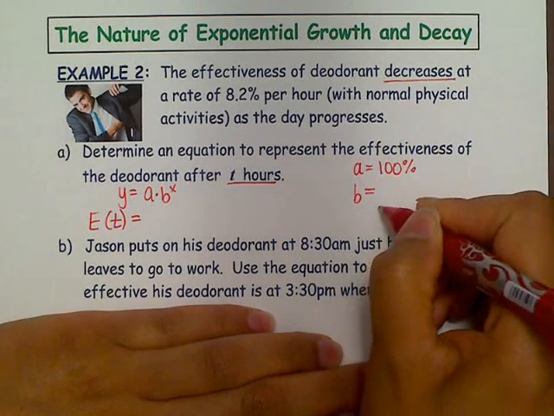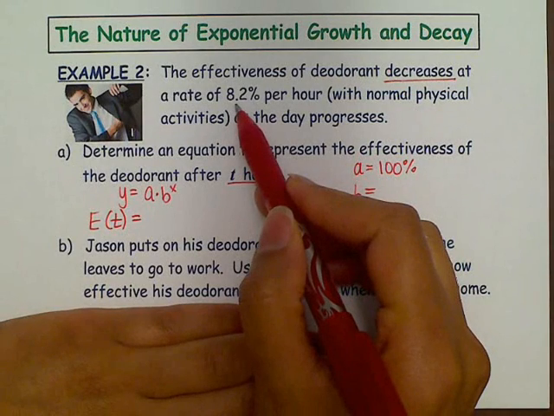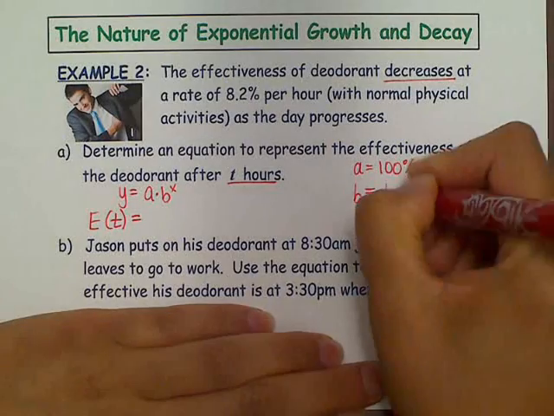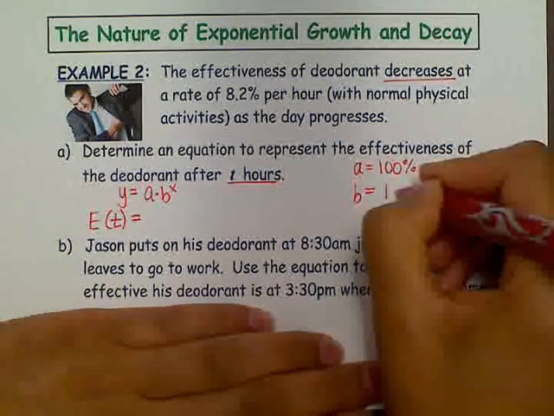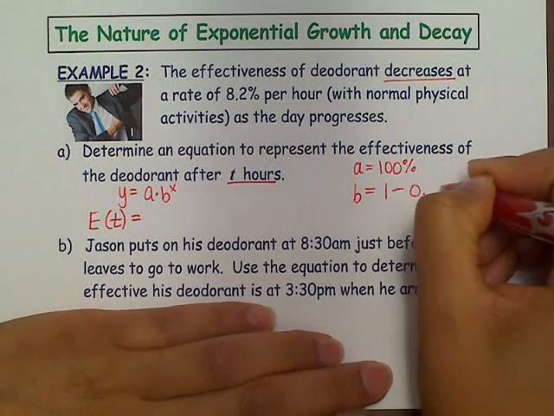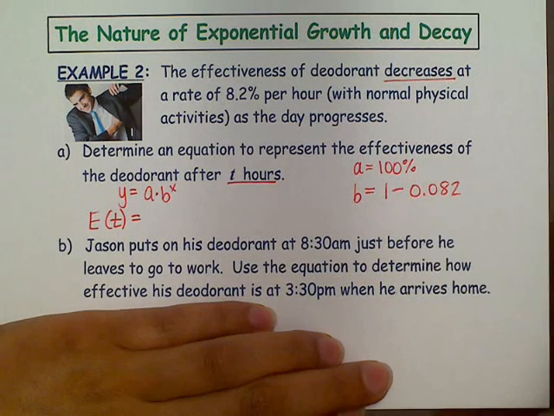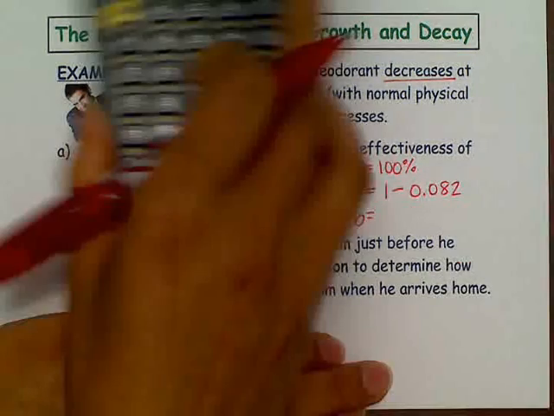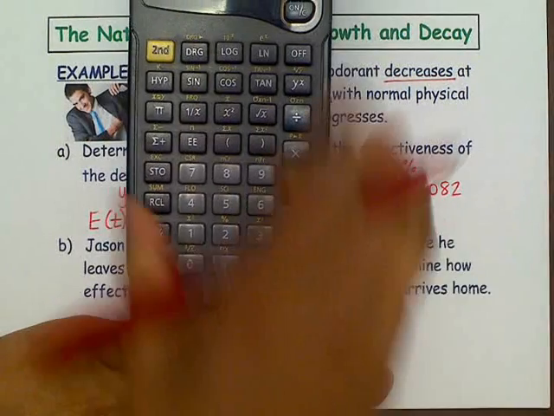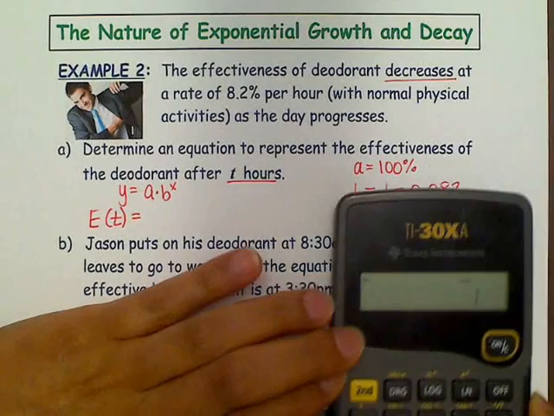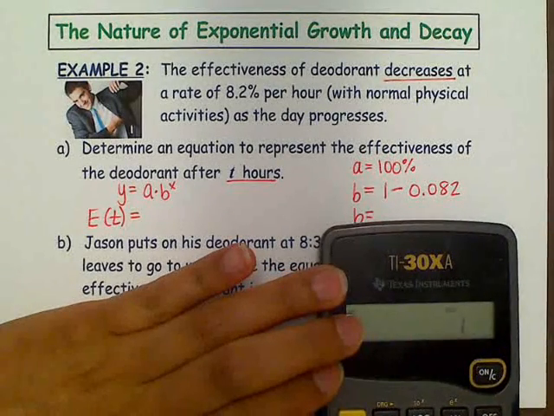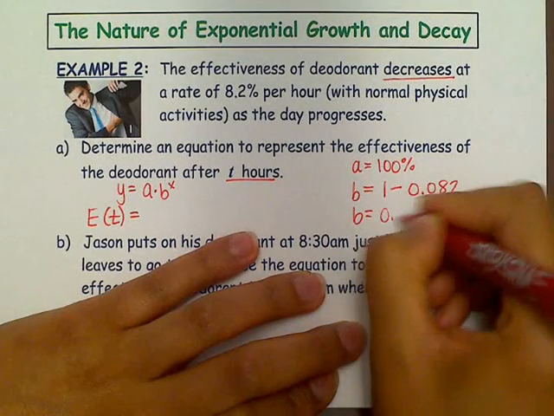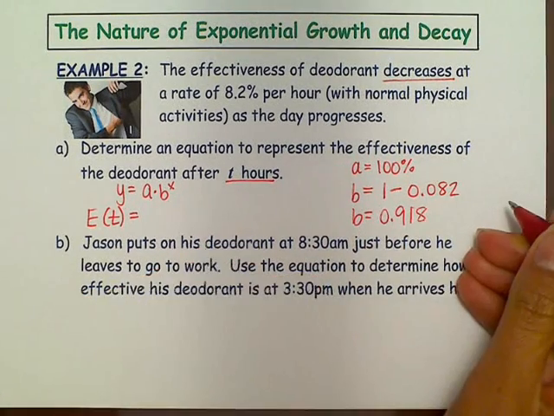Okay? And now our decay ratio, since I know it's decreasing over time, is what I need to solve for. Because the decay rate is 8.2%, what I'm going to do is start with a decay ratio of 1, and I'm going to decrease it by 8.2% since it's decaying or decreasing in effectiveness over time. And so if I do that, I get a decay ratio of 1 minus 0.082 gives me 0.918.